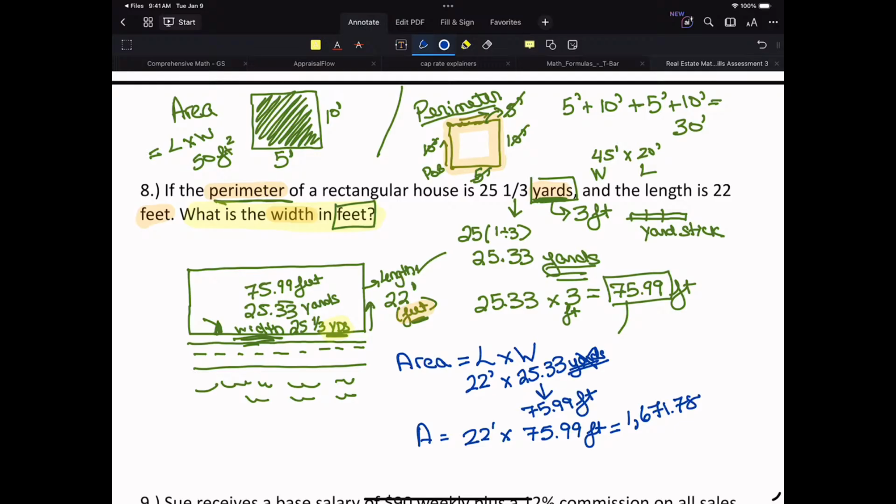I think so. We'll go with it. Length times width. The length is 22 feet, the width is 25.3 yards, which is 75.99 feet. It just seems like a very small number. 22 times 76 equals 1,672. Yep, that's right.